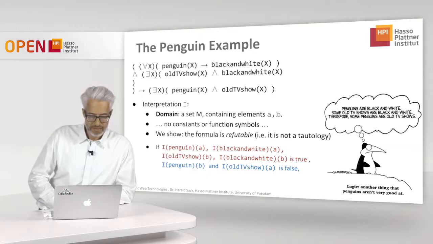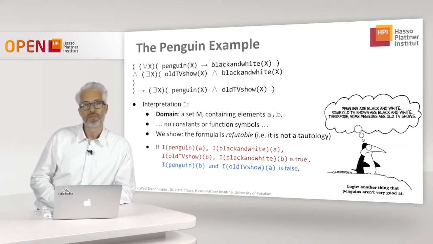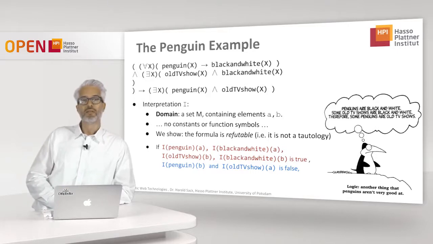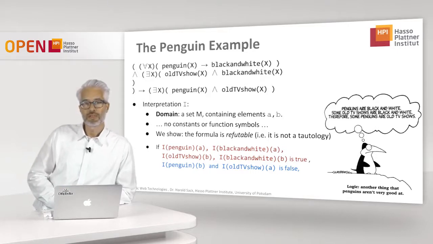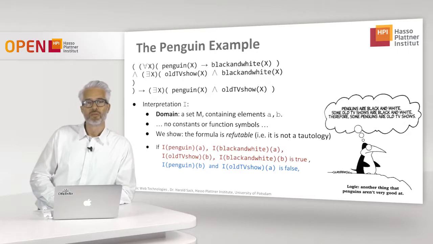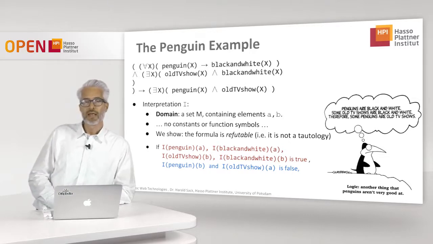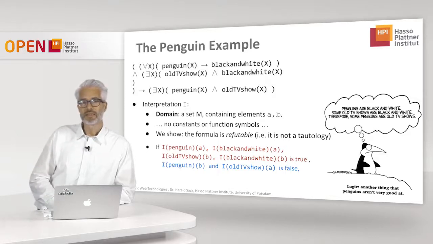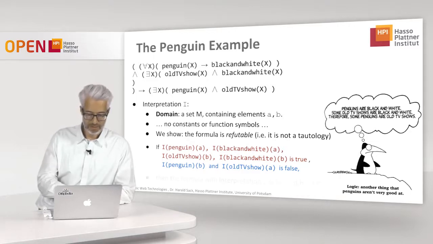For the second part of the implication, we simply say that the relation penguin for the old TV show B computes to false, and we also can say that the predicate old TV show for the penguin A computes to false. And if we assume these assignments to the predicates, then of course the entire formula computes to false. And then we have shown that this is not a tautology.